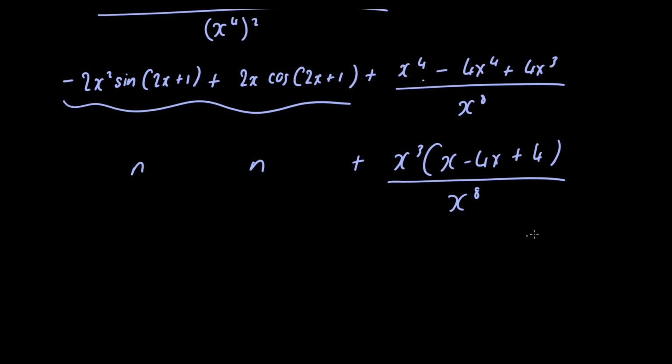Now we have a fraction of this form, and in order to simplify it, what we're going to go ahead and do is use this rule. We're going to have a equal to 3 and b equal to 8. So 3 minus 8 is minus 5. So we're going to have x to the minus 5. But we can also rewrite this as, so we're going to go ahead and do that right here.